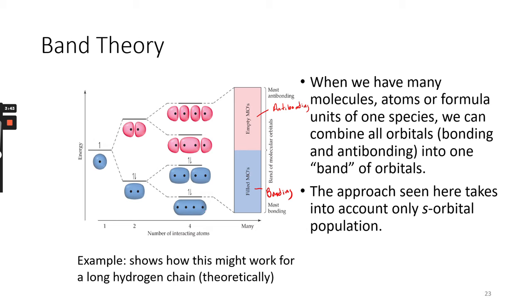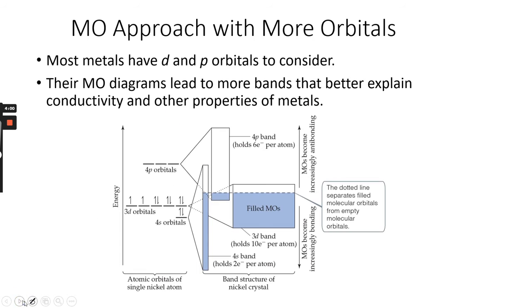But inside these bands you do have your molecular orbitals. In this case, we're only talking about our s orbitals because we're talking about hydrogen. So in theory, if you had a chain of hydrogens, you would have these bands. When we start talking about metals, remember metals have d and p orbitals that you need to consider.